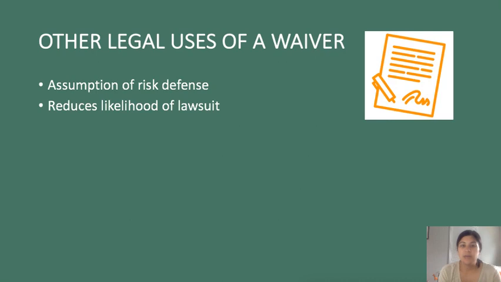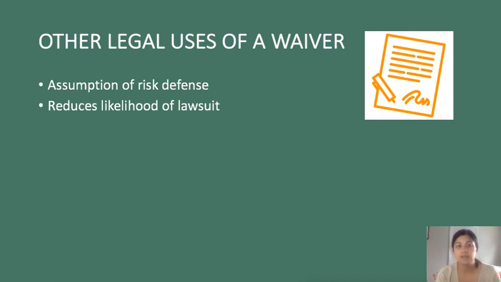Also, having a waiver in place, regardless of whether or not it is upheld in court, generally reduces your likelihood of a lawsuit. You're taking this class, you're learning about various waivers and how useful they are in court, but the general public doesn't know all of the legal principles behind what makes a valid waiver. Just by signing a waiver, oftentimes members of the public believe, I gave up my right to sue.